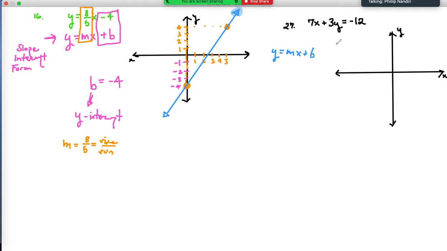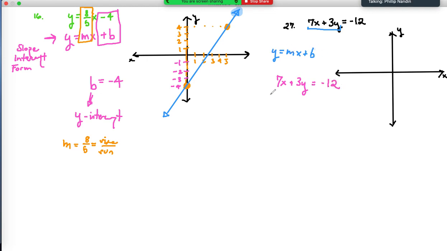Y is not solved for. Y is not by itself on this side of the equal sign at all. So my first step for 27 is to take this equation, 7x plus 3y equals -12, and get it in the form y equals mx plus b.